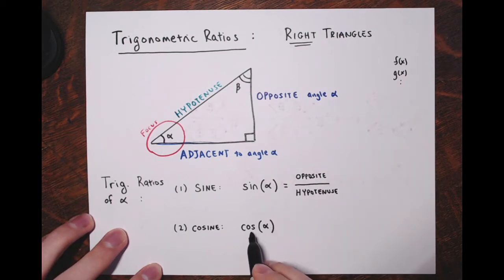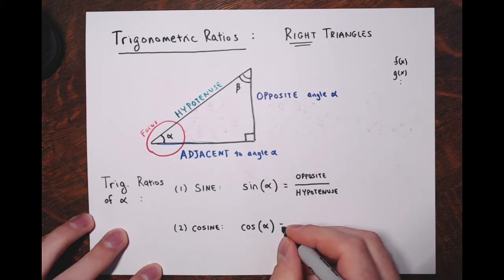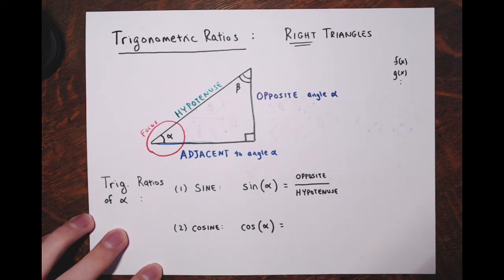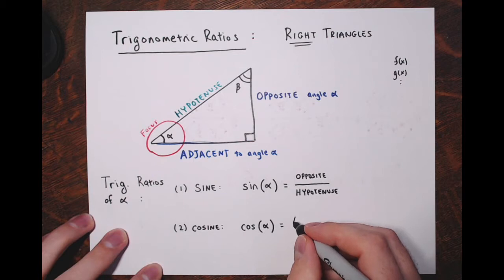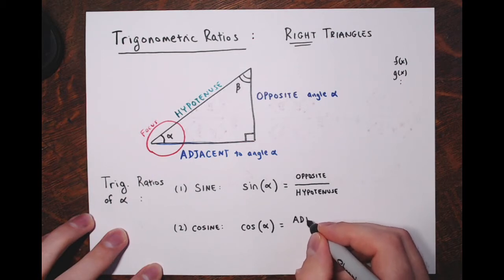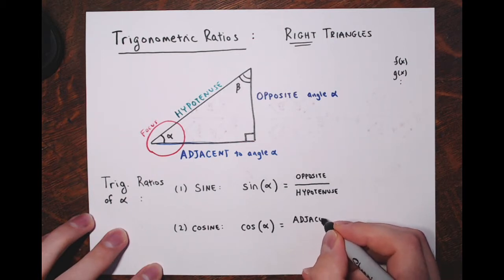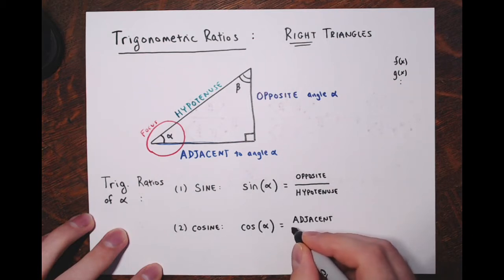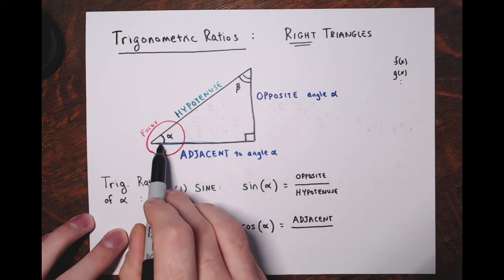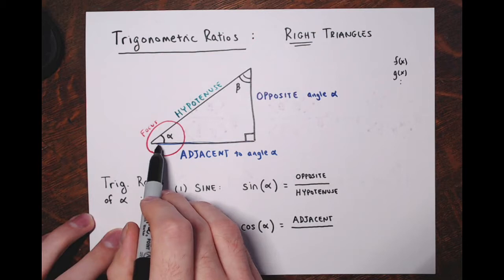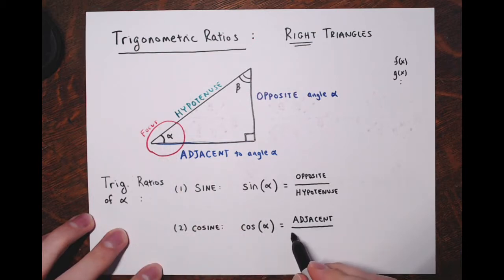So I put the cosine of alpha, and the way the cosine of an angle is defined in a right triangle, it's the length of the side adjacent divided by, so the length of this side, adjacent to alpha, divided by the length of the hypotenuse.